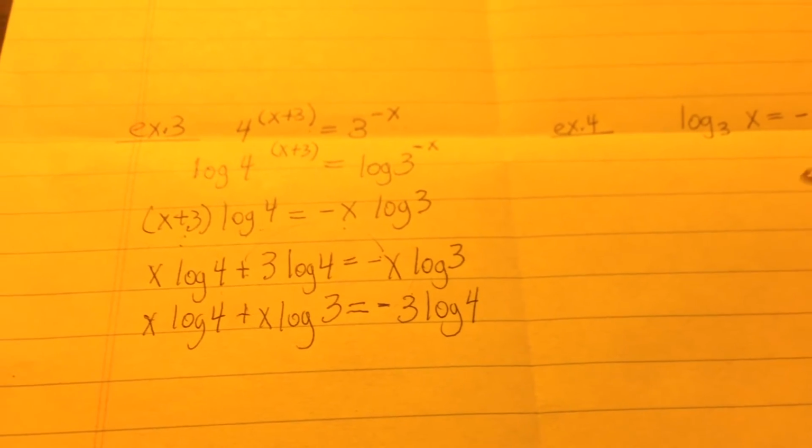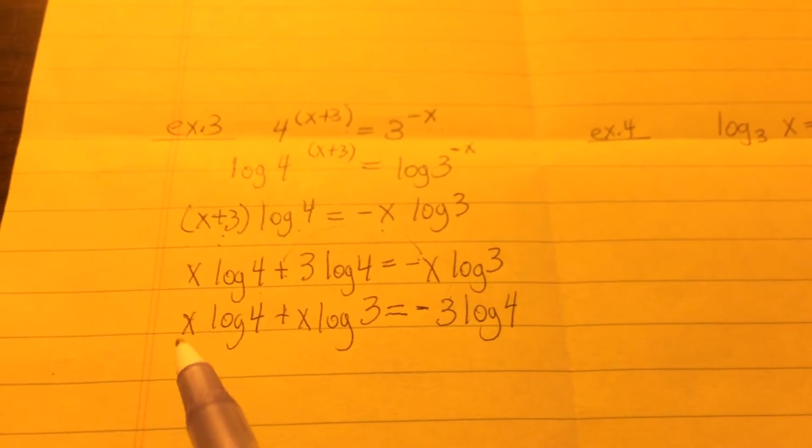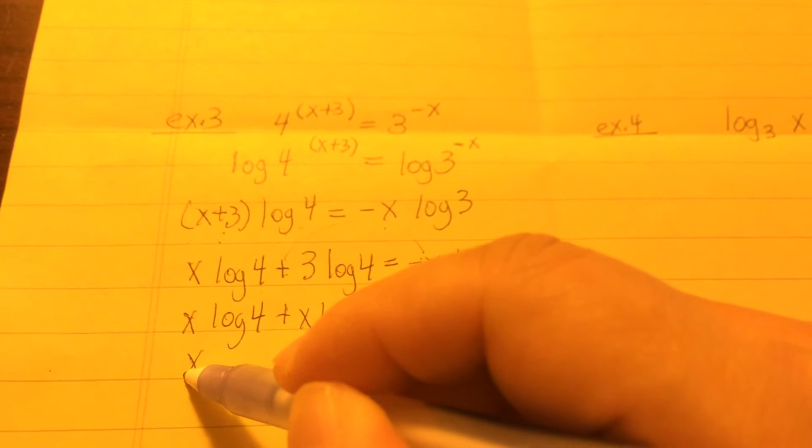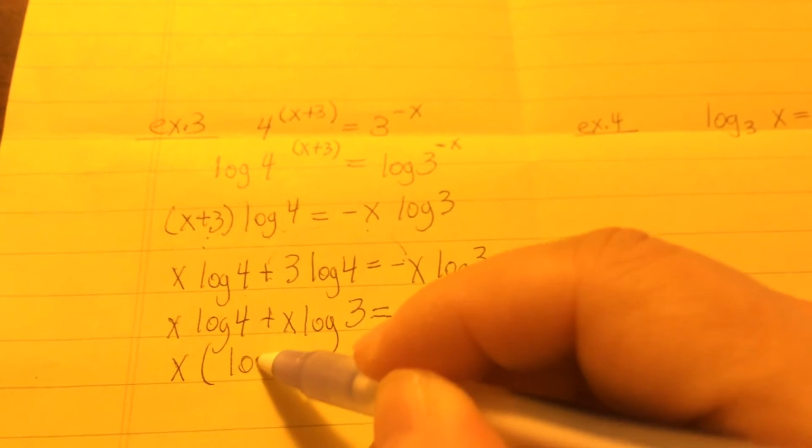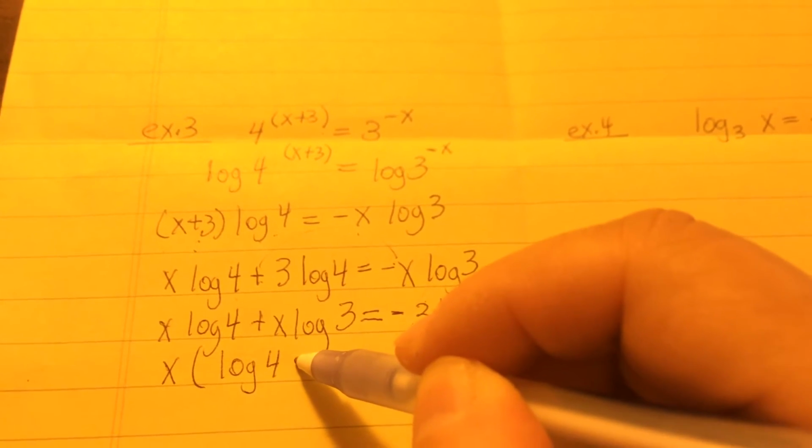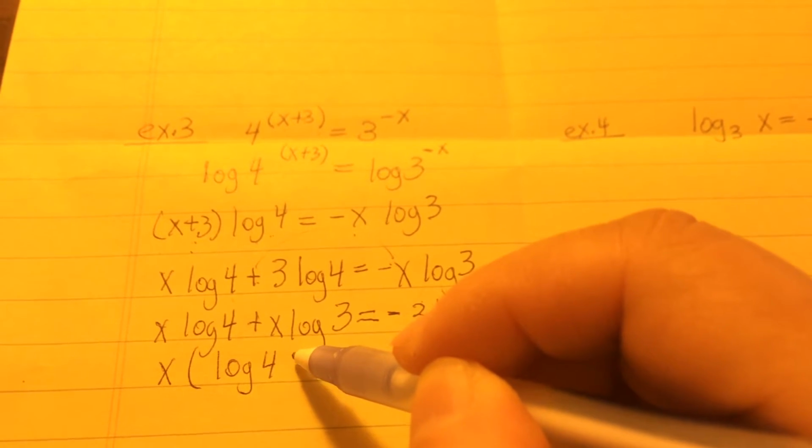Now, since both of these have x's, I can factor out an x. So then we have log 4, and then we can multiply, right?